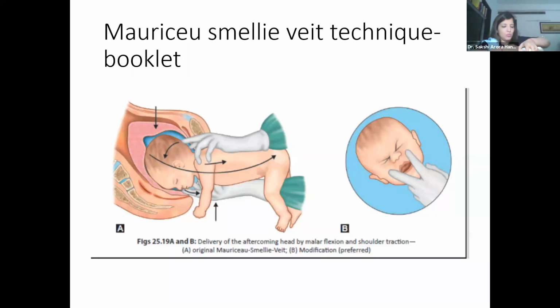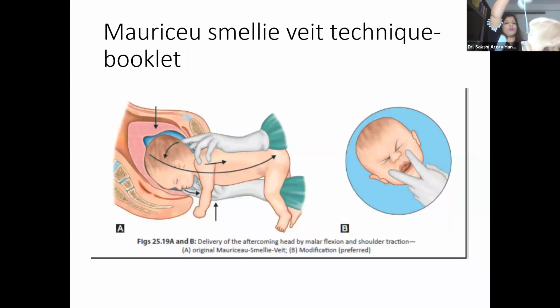With one hand, you give traction to the shoulder, and your other hand has to be on the cheek of the baby. So one hand goes inside the vagina on the cheek of the baby, the other hand is on the shoulder, and you are going to flex the head of the baby, because in case of breech, the head is delivered by the movement of flexion.